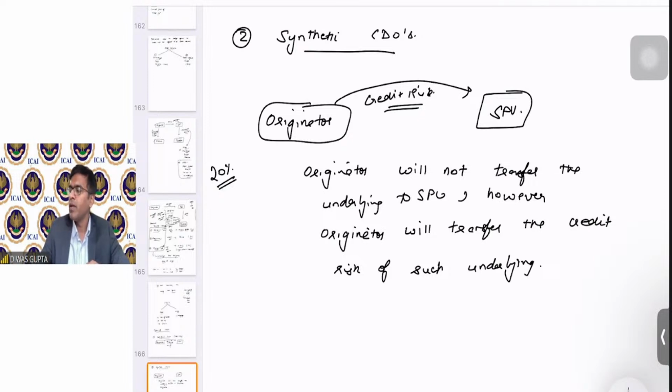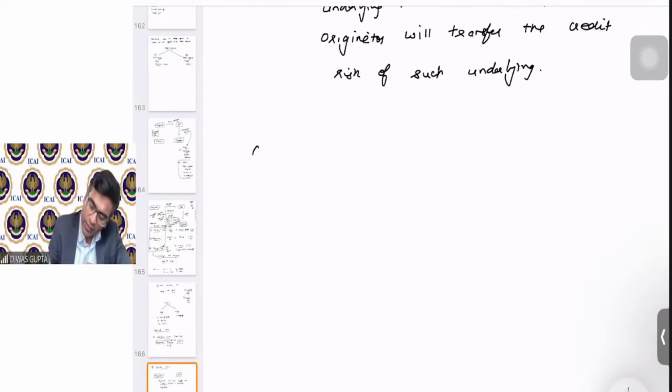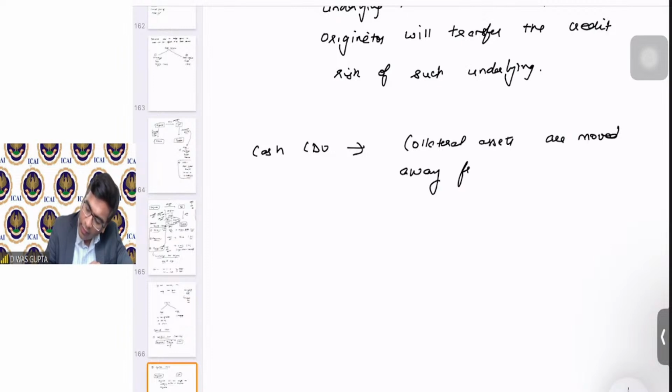Okay. So in a way, in cash CDO, the collateral assets are moved away from the balance sheet.